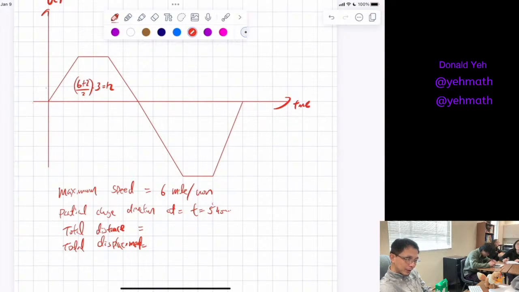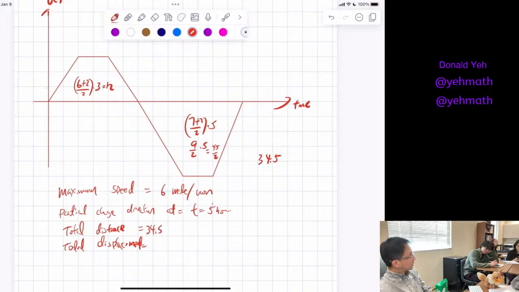And this is 7 plus 2 divided by 2 times the height of 5. So it's 9 over 2 times 5, so 45 over 2, that's 22.5. Is that right? Yeah, that's right. So 12 plus 22.5 is 34.5.